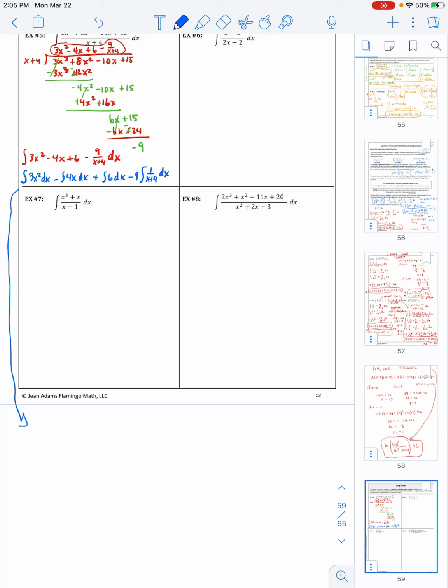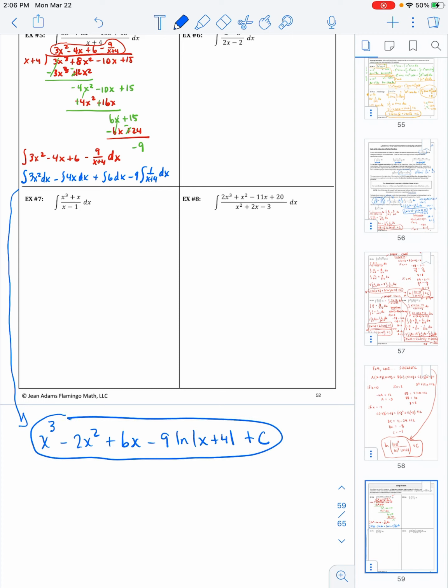So this is going to be x cubed minus 2x squared plus 6x minus 9 times the natural log of the absolute value of x plus 4 plus c. So we were almost done with that one.